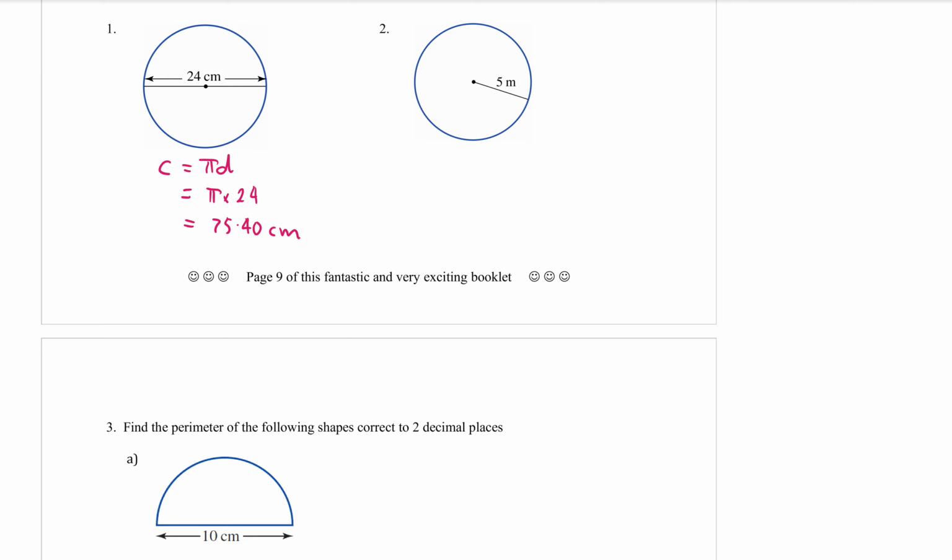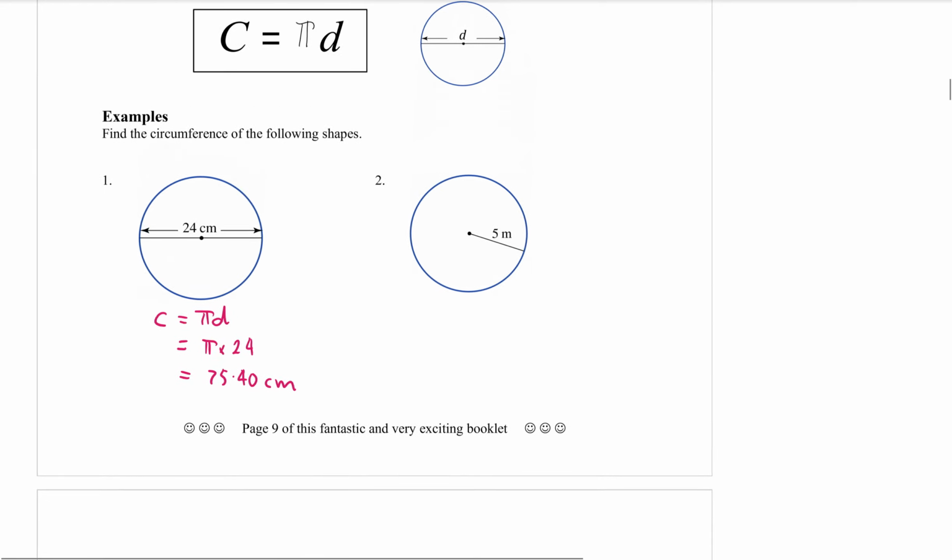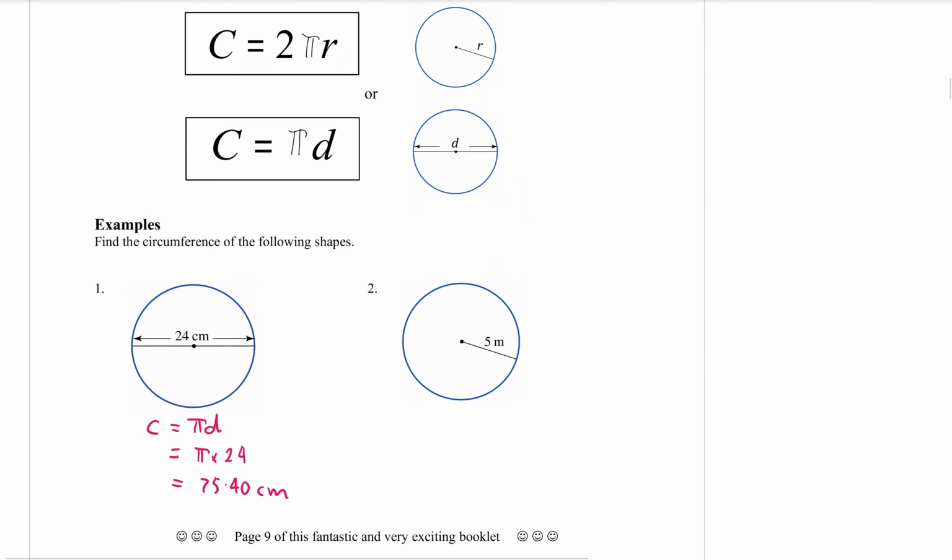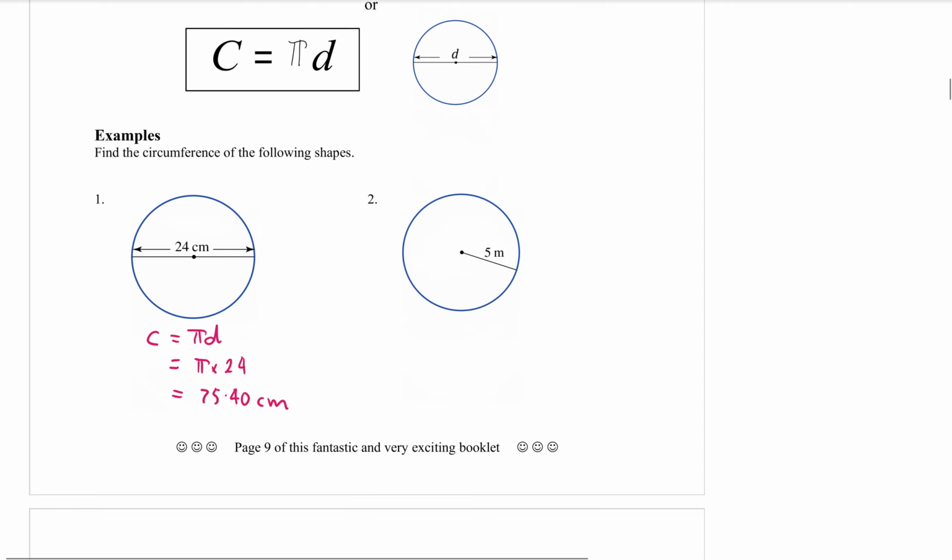Okay, question 2. This question only gives us the radius from the center out, so we want to use this top formula. C equals 2 pi r. So, subbing in, my radius is 5.